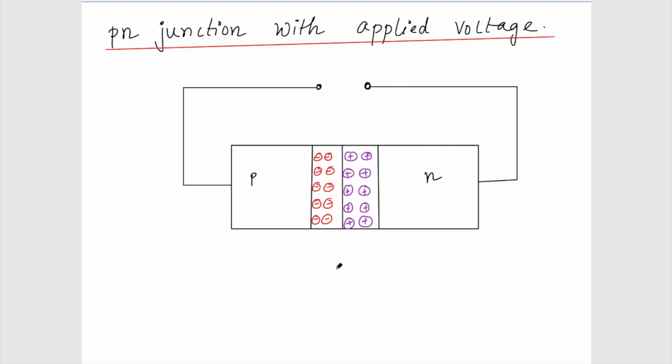So this is my PN junction with no voltage applied across it. So let's apply a voltage. So let's first apply a voltage which is in the direction of the electric field. So I have my electric field here that is created because of this charged region. So let's apply a potential difference which is in favor of this electric field.